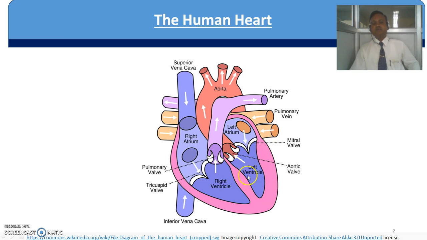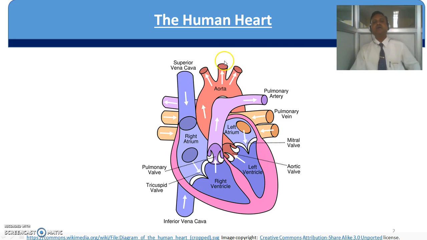Now the left ventricle has a very powerful wall, and this strength of muscles in its wall helps it to push the blood into the aorta, and then this aorta carries blood to all parts of the body.